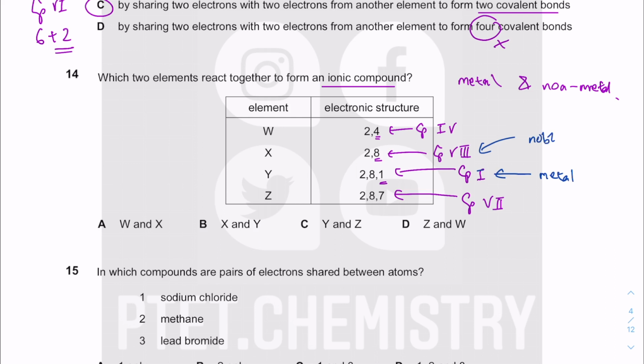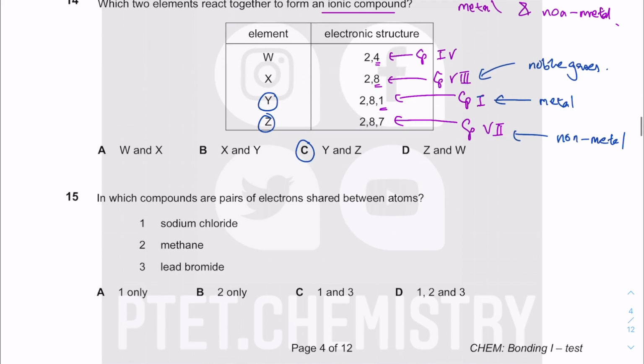They are unreactive because they have a fully filled outer shell already. So this one is a group 7, which no need for me to write again. That one is definitely a non-metal. So W is group 4, is also a non-metal, but what is very obvious for ionic bond formation is definitely between a metal and a non-metal. So we are looking for the very obvious thing first before we look for the less obvious thing.